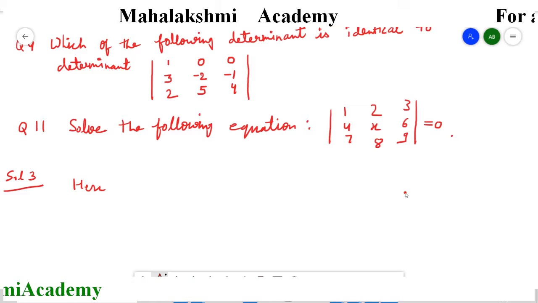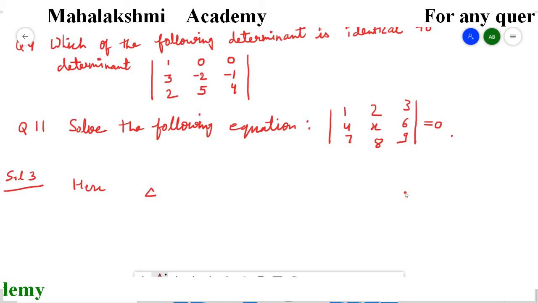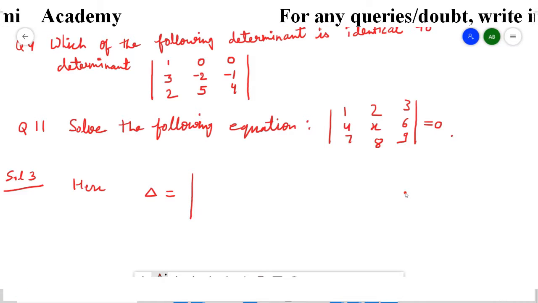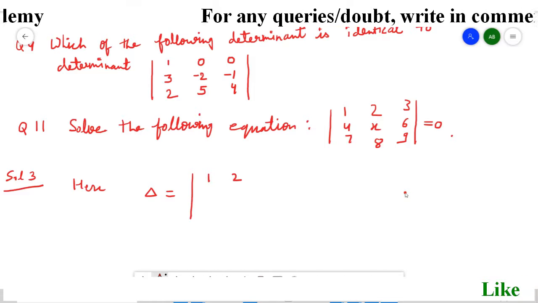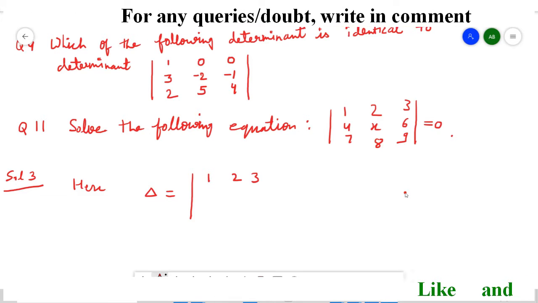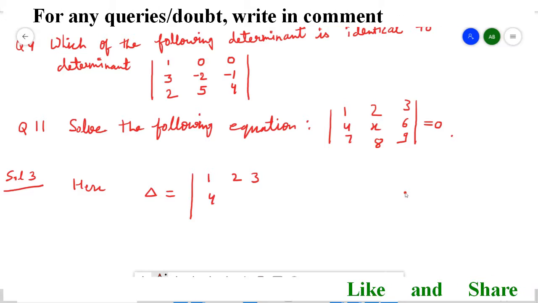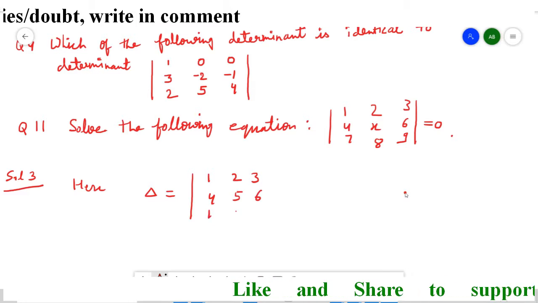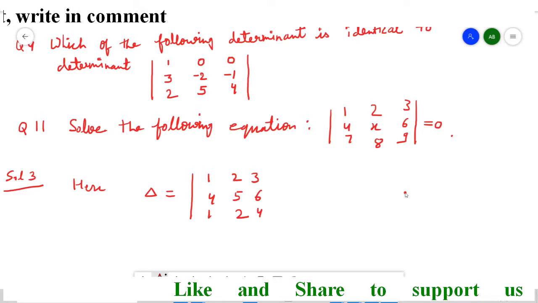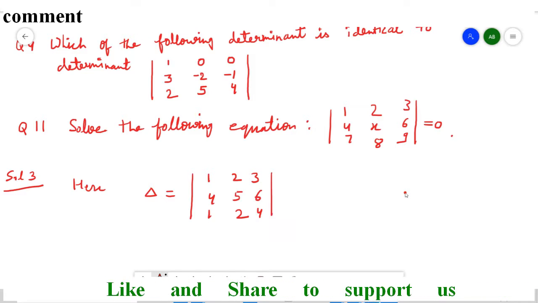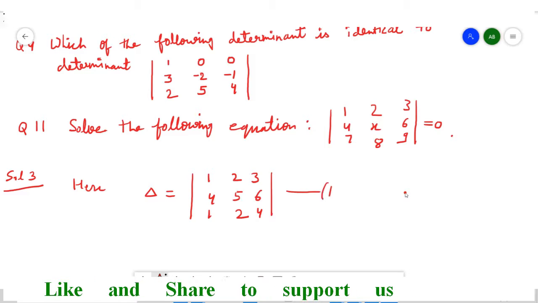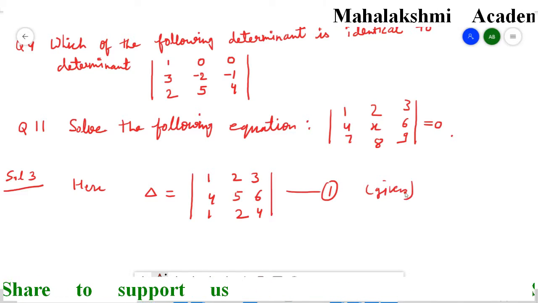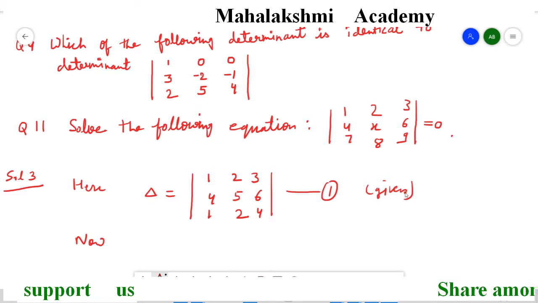Delta is equal to, that is a determinant is equal to, first row 1, 2, 3, then 4, 5, 6, 1, 2, 4. So this is given to us. We'll assume it as equation 1 and write that it's given to us. Now we'll solve what we have to find out.